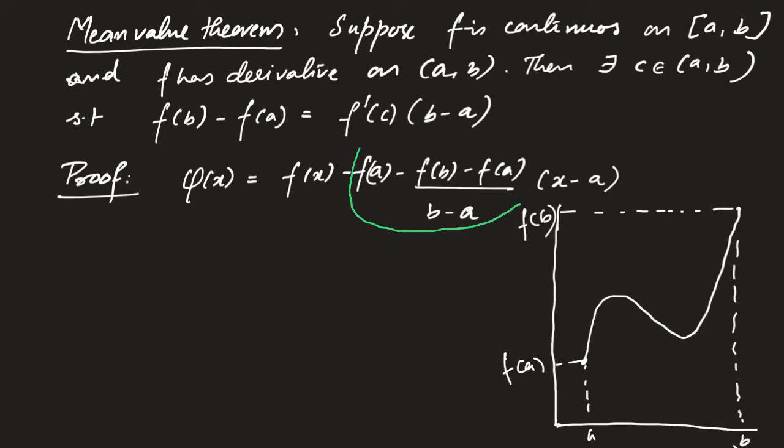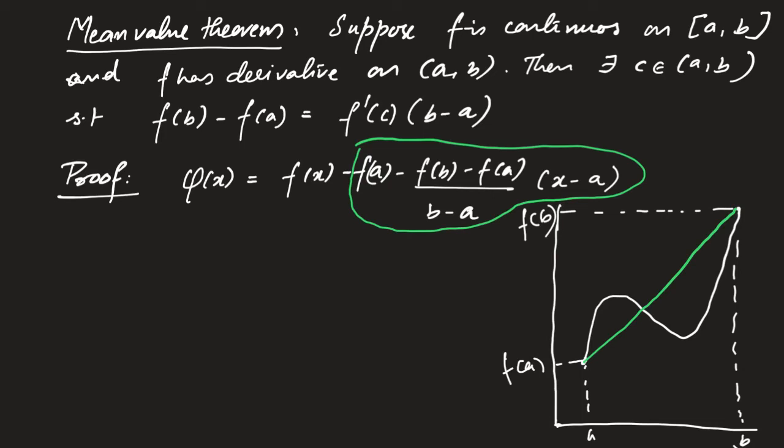Then this quantity here is actually the equation of the line that joins (a, f of a) to (b, f of b). So what are we doing? We are subtracting the equation of the line joining (a, f of a) to (b, f of b) from f of x. And in effect, what it's doing is making that line into the x-axis.